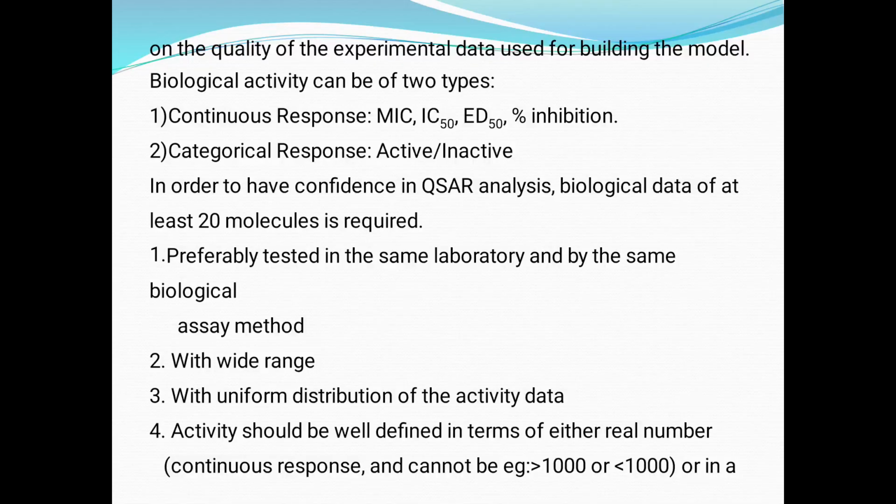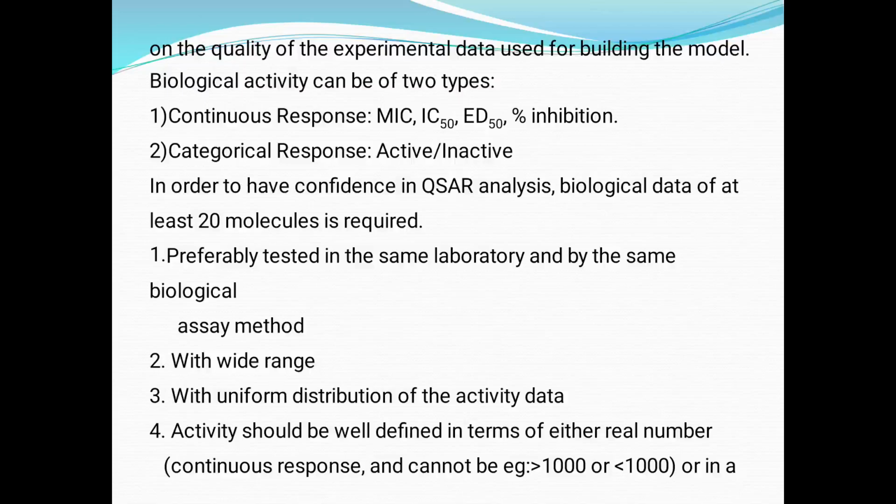Biological activity can be in any form. The continuous response, that is MIC, minimum inhibitory concentration, IC50, ED50 values or percent inhibition values, and categorical response, whether the given substituent makes the compound active or inactive. In order to have confidence in QSAR, biological data should be of at least 20 molecules.